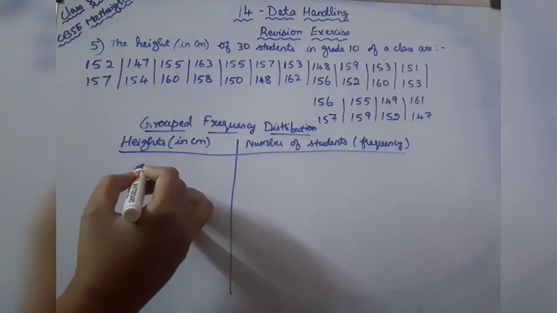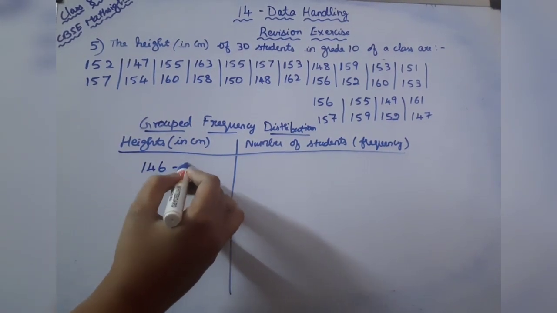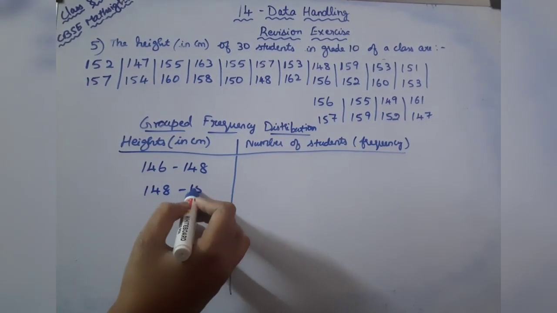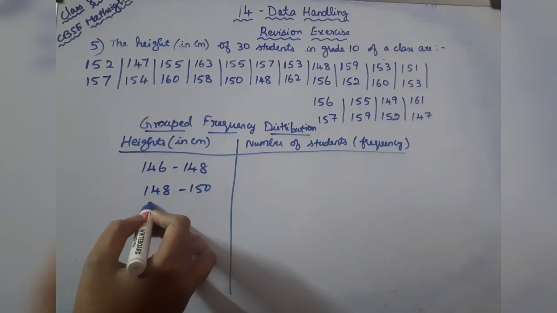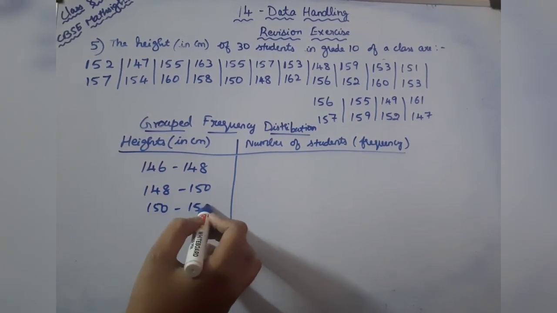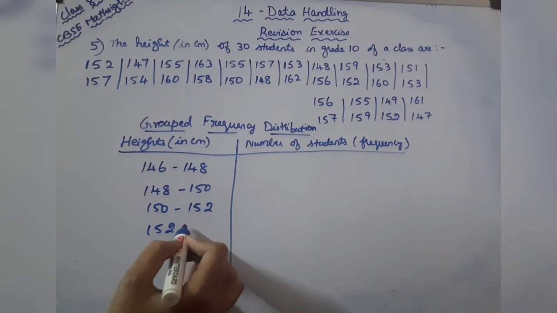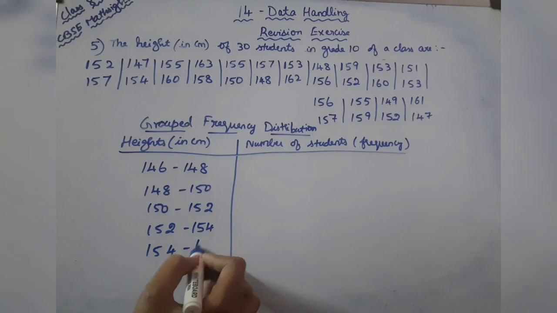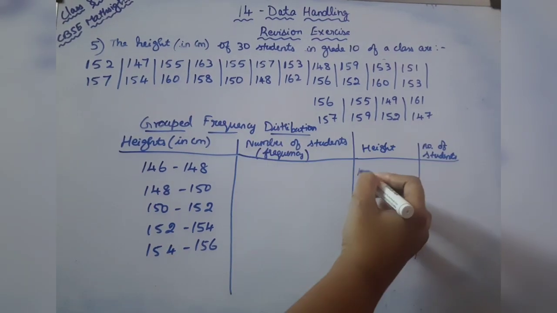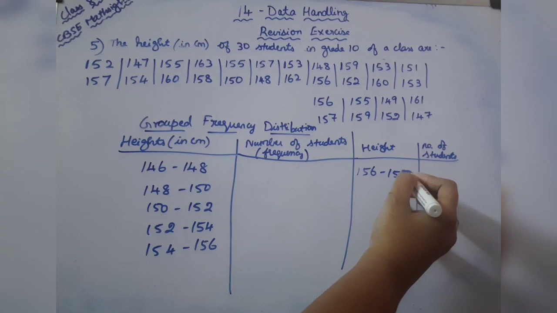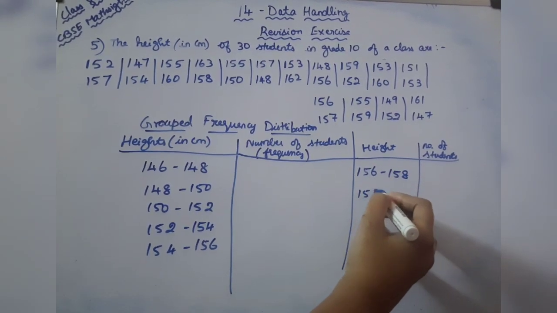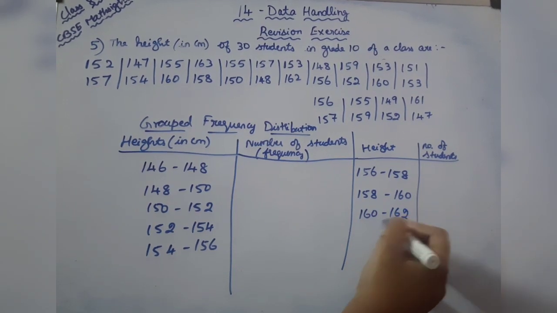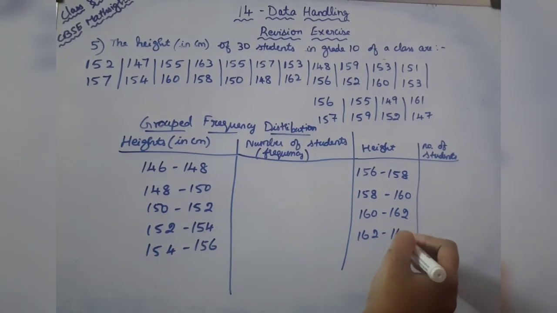So the first one will be 146 to 148. Next 148 to 150, 150 to 152, 152 to 154, 154 to 156, 156 to 158, and then 158 to 160, 160 to 162, 162 to 164.